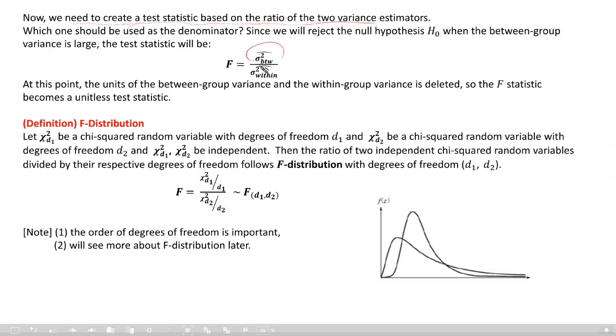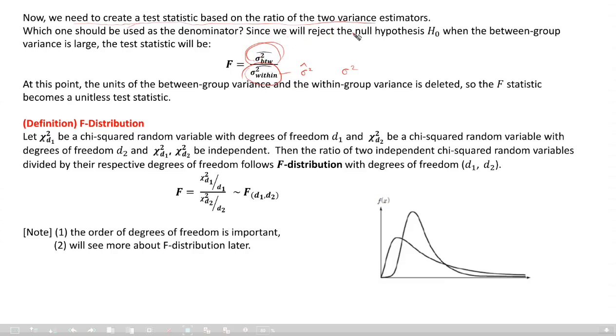Of course, the within group estimator, since the between group estimator is, in this case, actually a different kind of estimator. The within group estimator is the real estimator of sigma square. This is a trick.